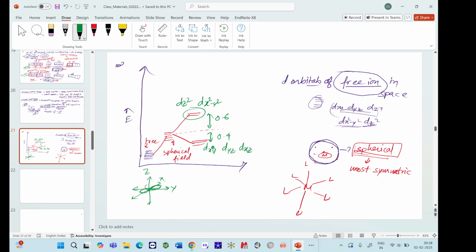Nothing is along the axis, right? In an octahedral field, the ligands come along the axis. This is the ligand direction. This is dxy. Similar is the case for dyz and dzx, in between the axes.